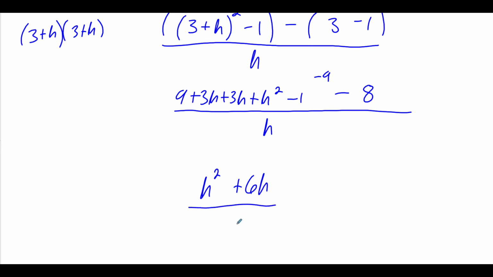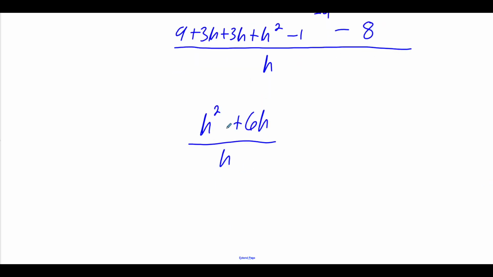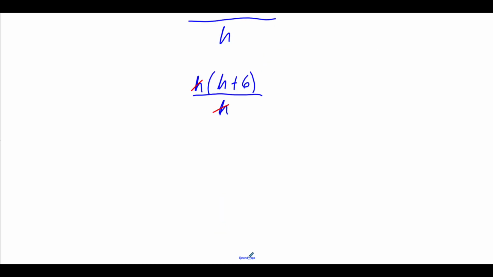And we've still got this denominator of h. But now there's actually a little bit of factoring that we can do on top. We could take out a GCF of h, which would leave me with h plus 6 over h. And then I notice that those h's are going to cancel each other out, so we've got just h plus 6.